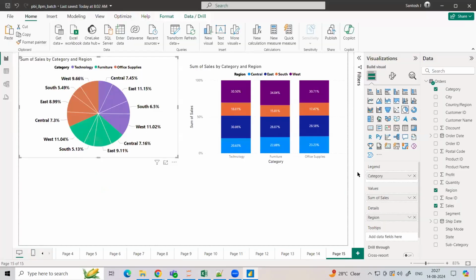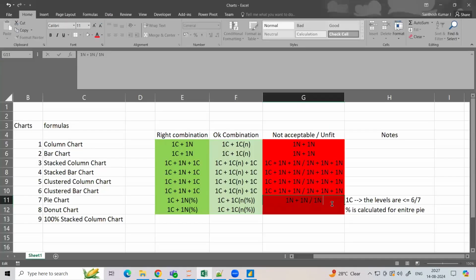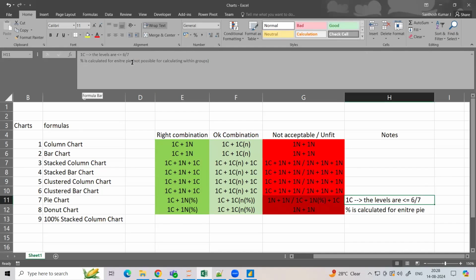This chart, 1C, plus 1N, which is actually giving it in percentage, plus 1C, which is ideally not that informative, because we have already written in the notes that percentage is calculated for the entire pie, not possible for calculating within groups. So let's keep it simple. I would say this is not possible.